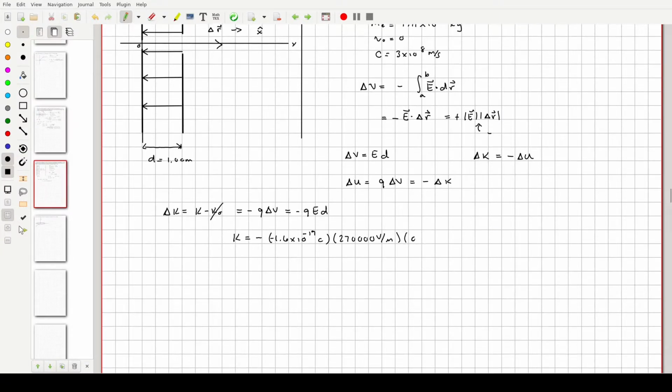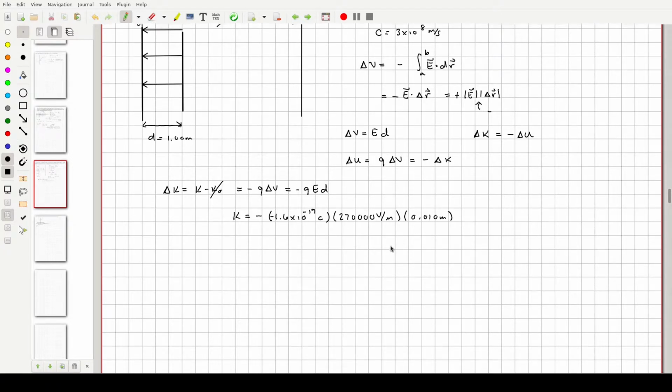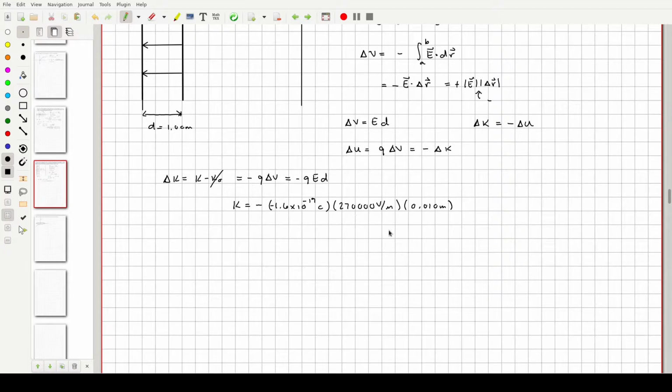I was getting ahead of myself. So let's see. You do this, negative times a negative makes a positive. So really this is just 1.6 times 10 to the minus 19th times 270,000 volts per meter times 0.010. So what I get here is 4.32 times 10 to the minus 16th joules.